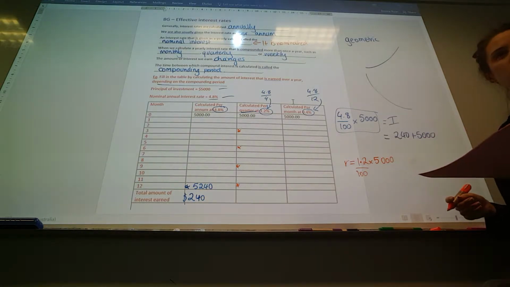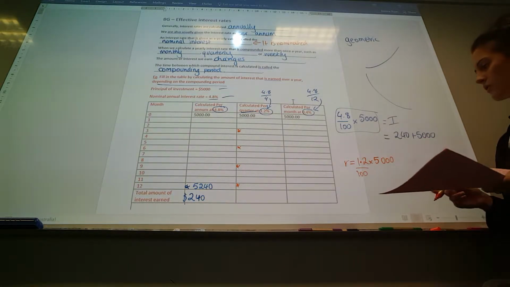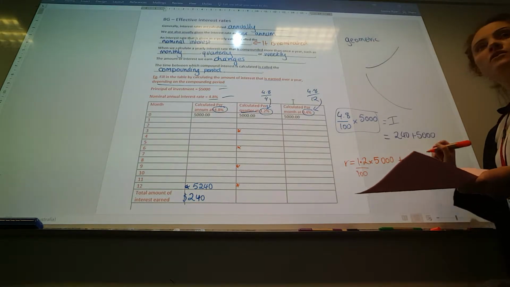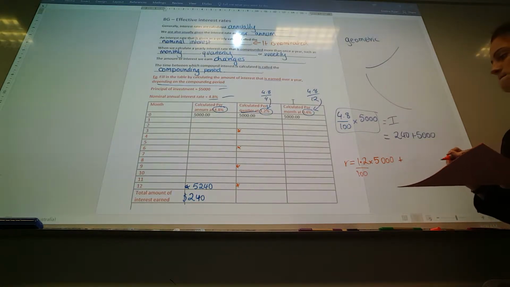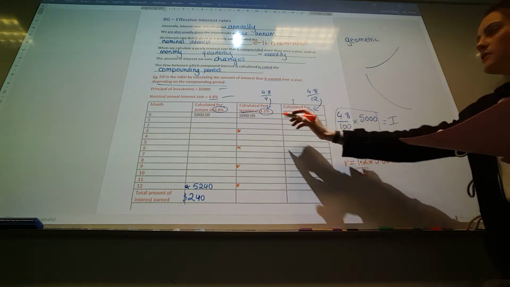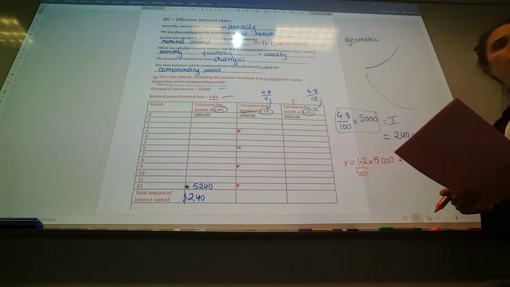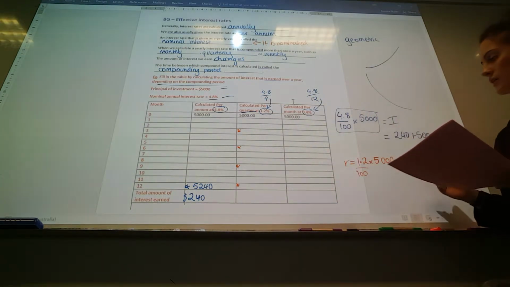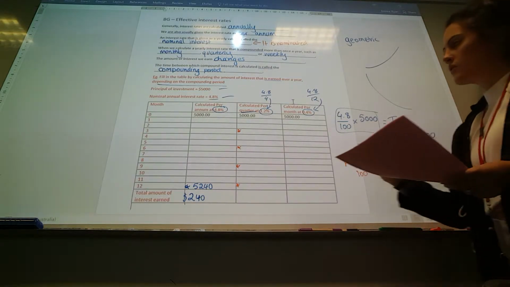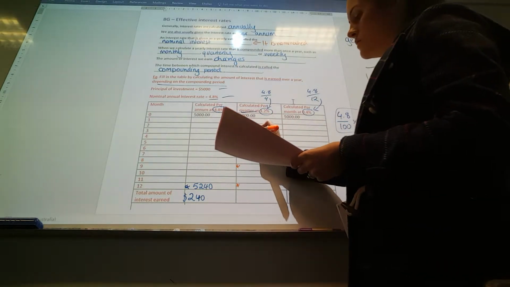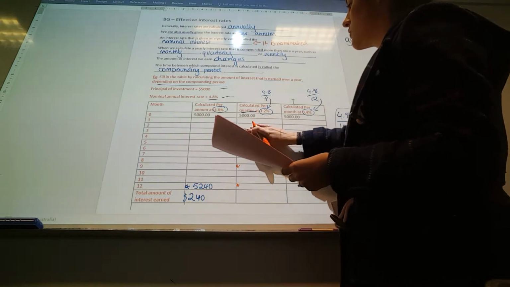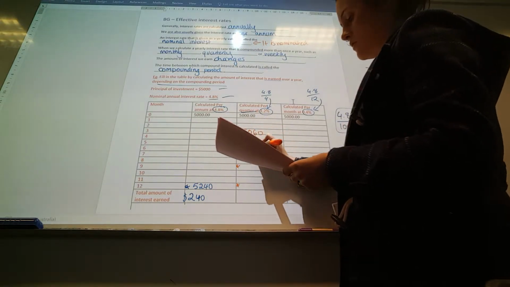Is it making sense what we're doing? Because that's in percent. Percent means over 100. Making sense? Yep. So we should be getting answers.